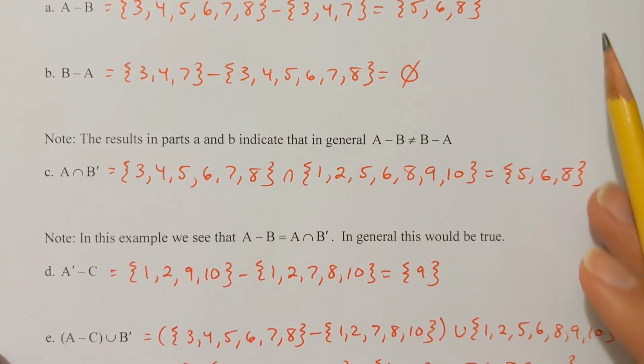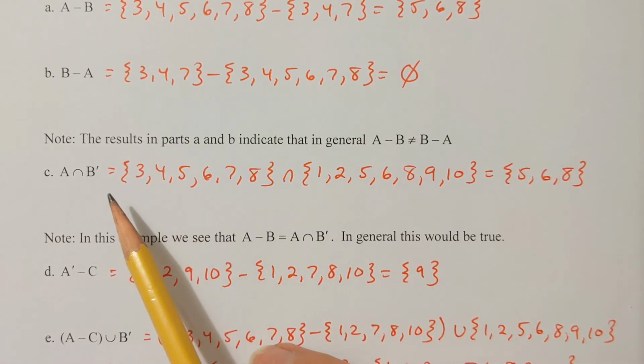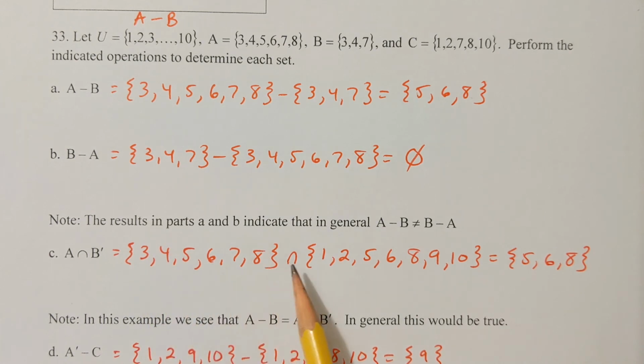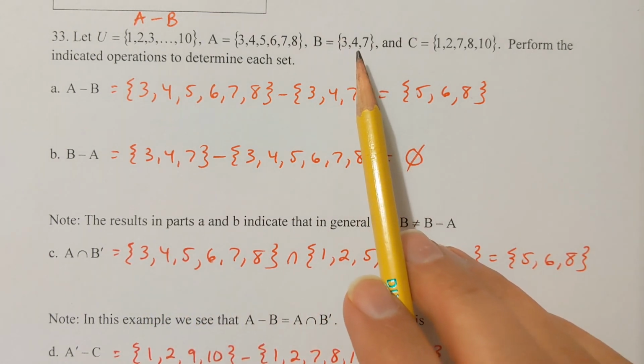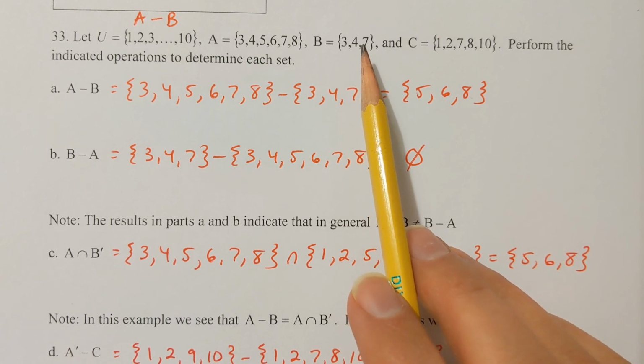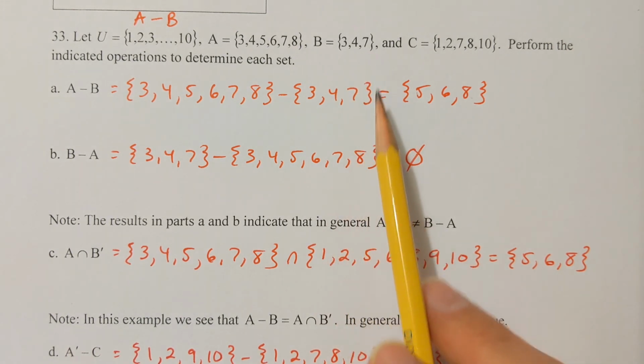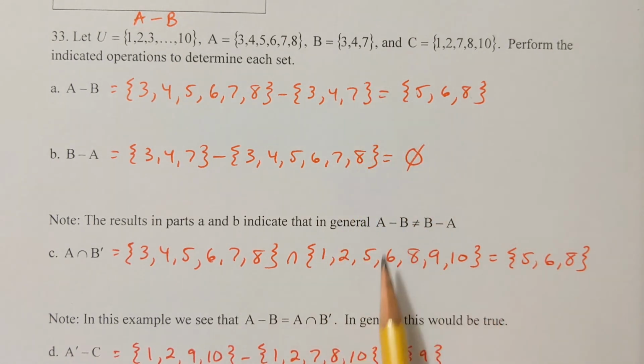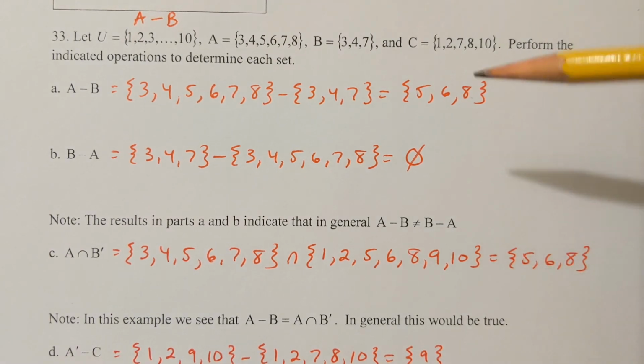Part C, suppose I want to compute A intersect B complement. So here's A. B complement means that you're talking about everything outside of B. So that'd be the set containing 1, 2, 6, 8, 9, and 10.